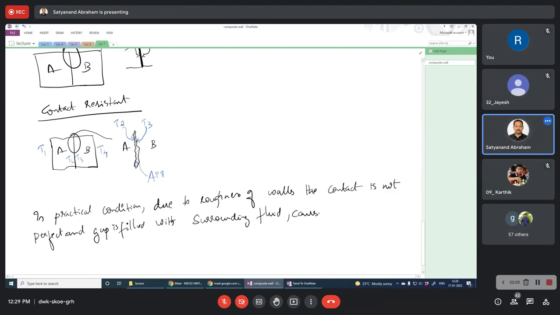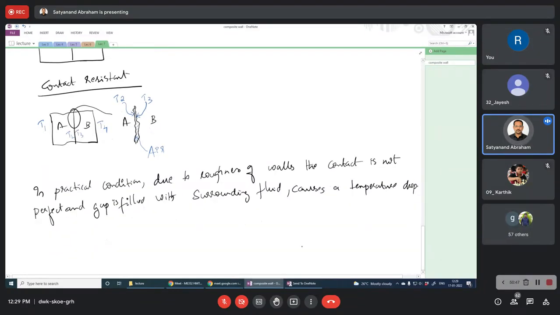It causes a temperature drop. So a thermal resistance is acting at the contact, and it is termed as contact resistance.